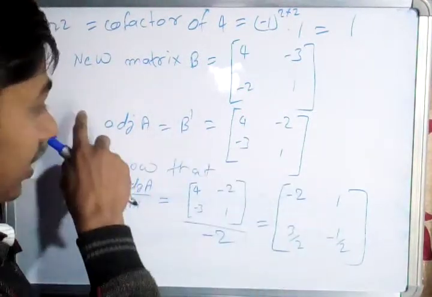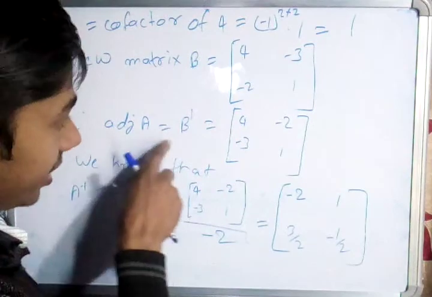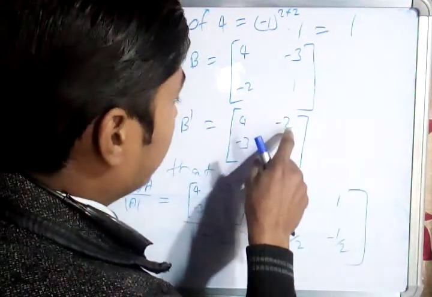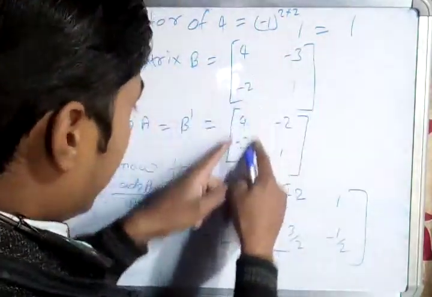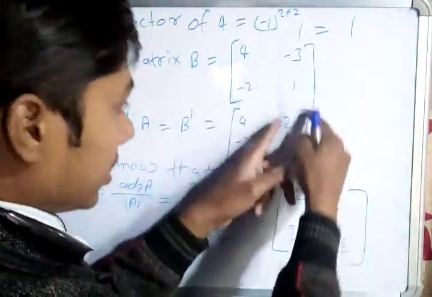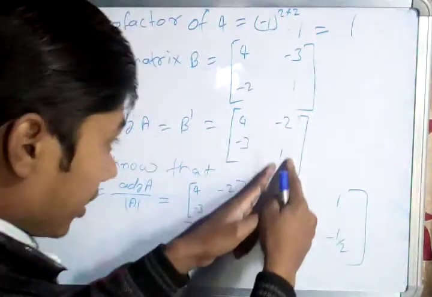Here we can see 4, -2, -3, 1, because the first row changes into the first column and the second row into the second column.